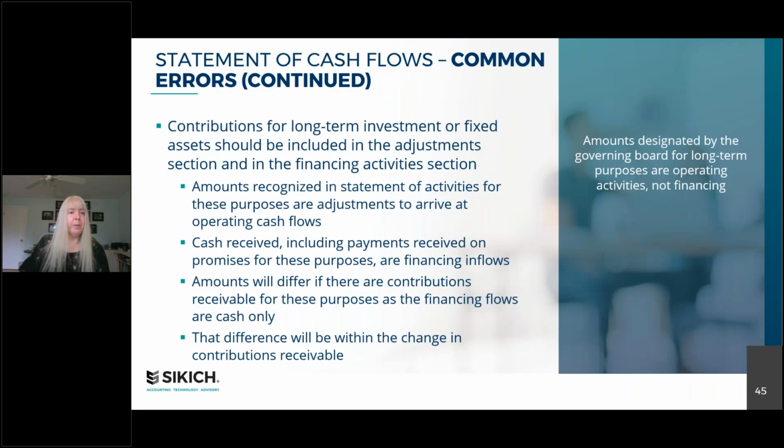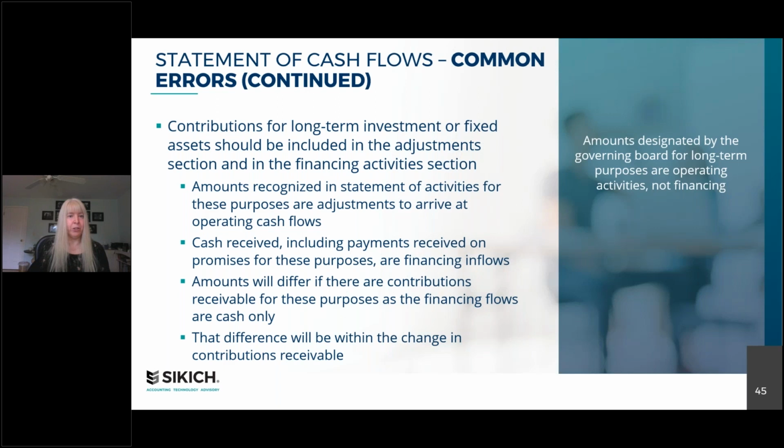Other common errors, contributions for long-term investment or fixed assets need to be adjusted out of the operating section and then put back into financing inflows. Those are intended to support the purchase of investments, purchase of fixed assets, so those need to be adjusted out of operations.